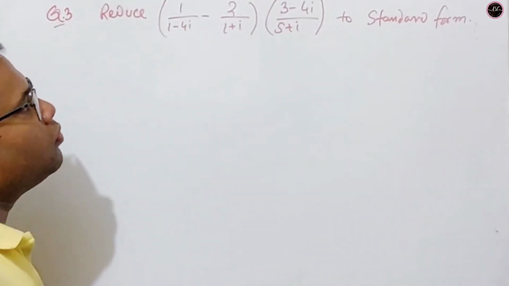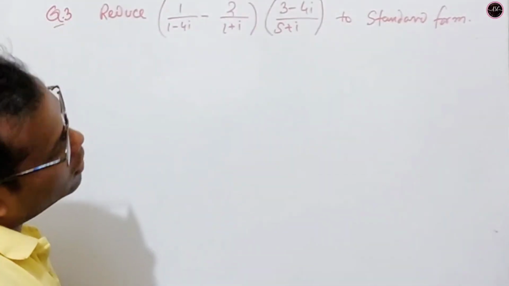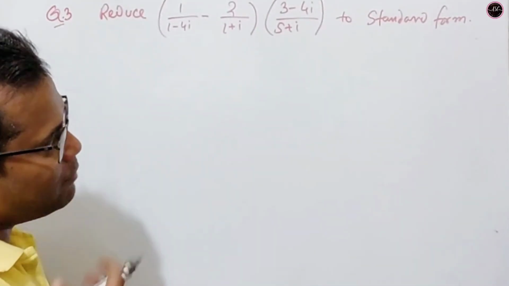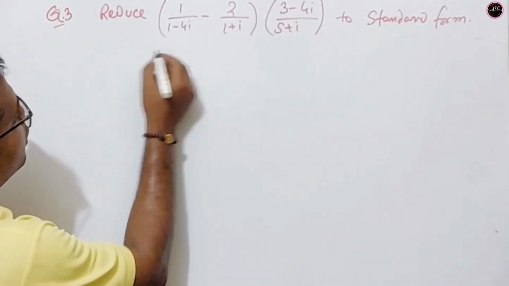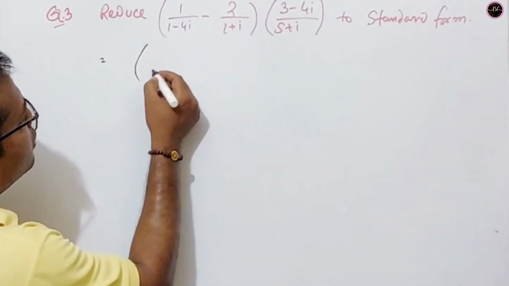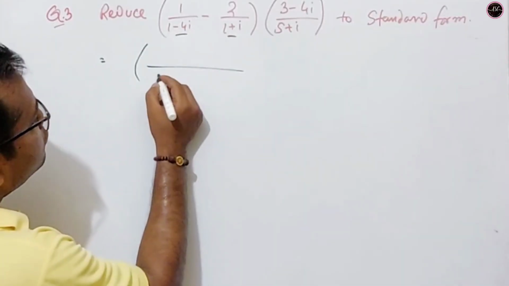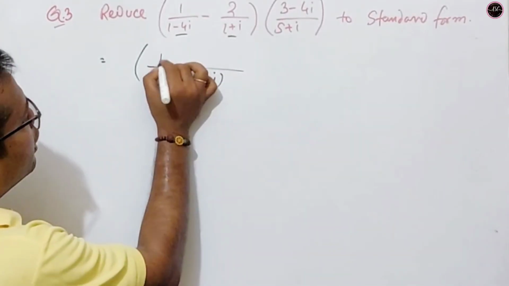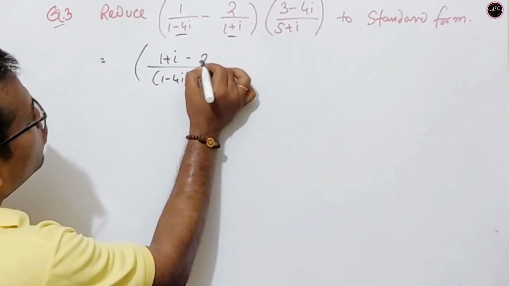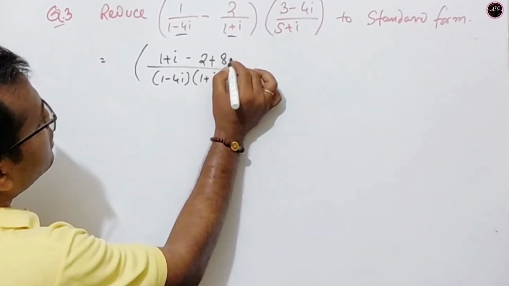Reduce 1 by 1 minus 4i minus 2 by 1 plus I into 3 minus 4i by 5 plus I to a standard form. That means A plus IB form. So we have just simplify that. First LCM between these two, 1 minus 4i into 1 plus I. Therefore here 1 plus I minus 2 plus 8i.